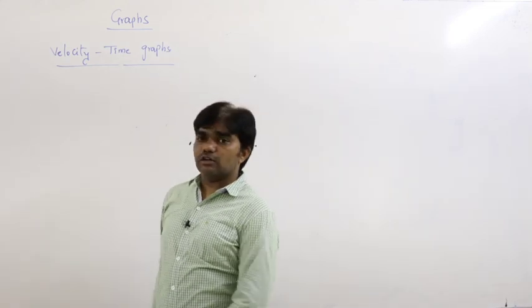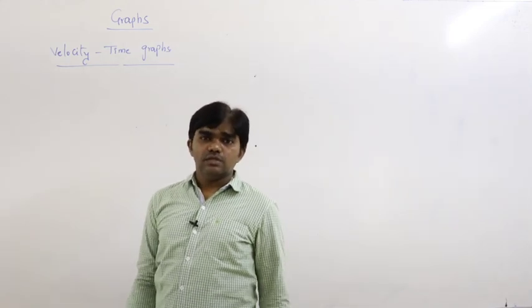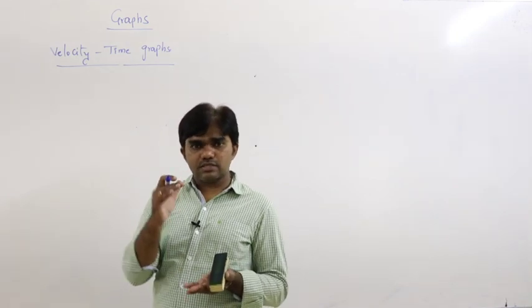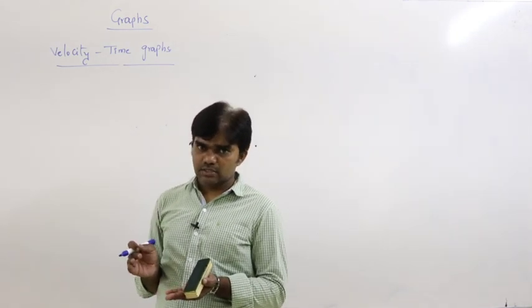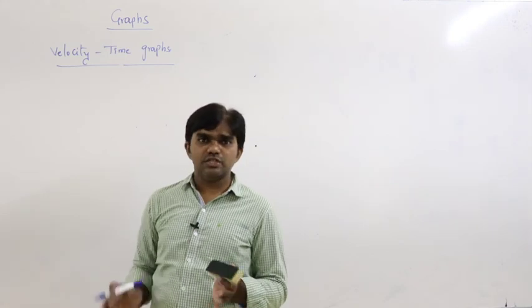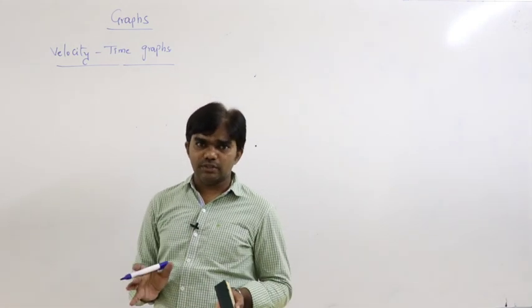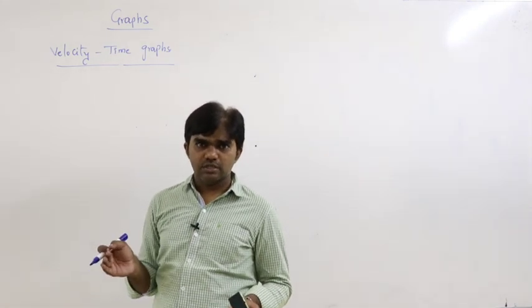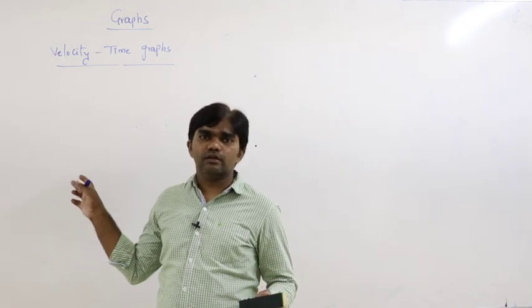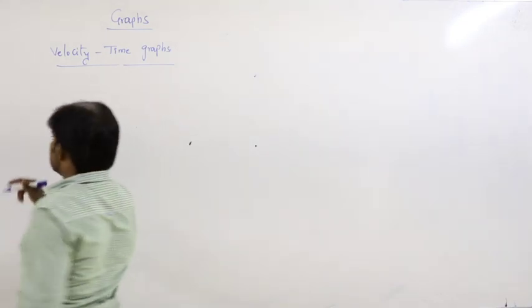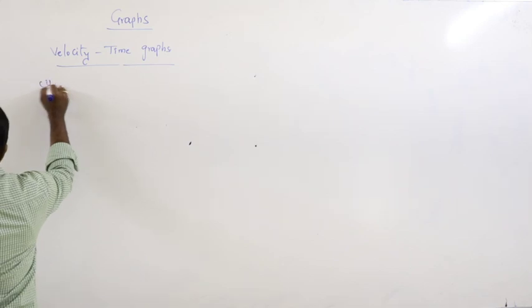Now we can draw the graph for velocity and time. Velocity is taken along one axis and time along the other, so we can draw the graph between velocity and time, showing how the velocity varies with time in different situations. For those conditions we can draw the graph, same conditions as before.